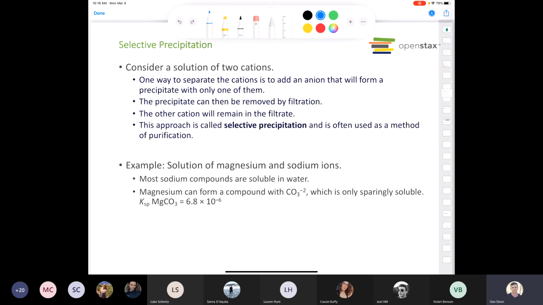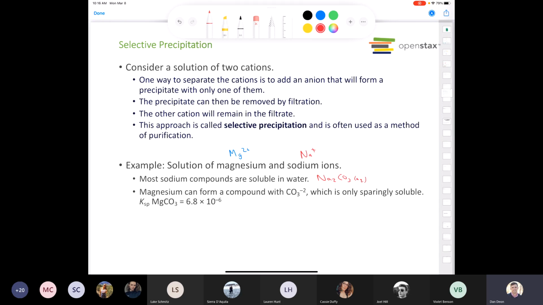Now, let's say you had a solution of magnesium ions and sodium ions. How would you separate these? Well, it says here that most sodium compounds are going to be soluble in water. For example, sodium carbonate is a soluble compound in water, whereas magnesium carbonate isn't nearly as soluble.